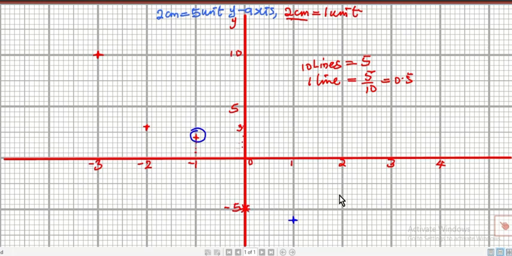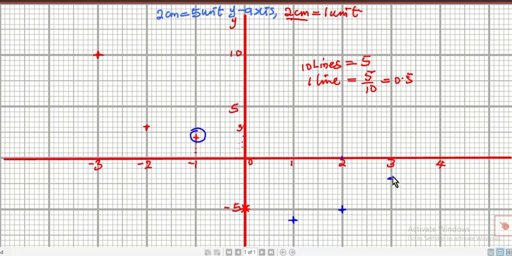If x is 2, y is going to be minus 5. So this is 2 and y is going to be minus 5. So yes, now this is minus 5. Yes, that is the coordinate. When x is 3, y is 2. So what is 2? Half, 1, 1.5, 2.